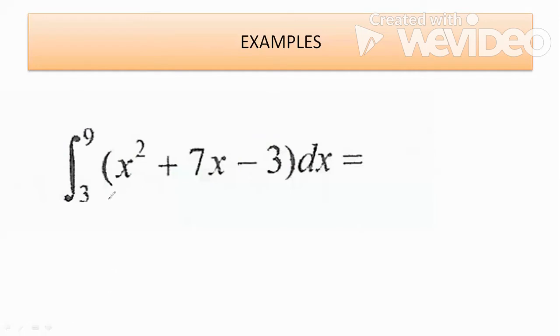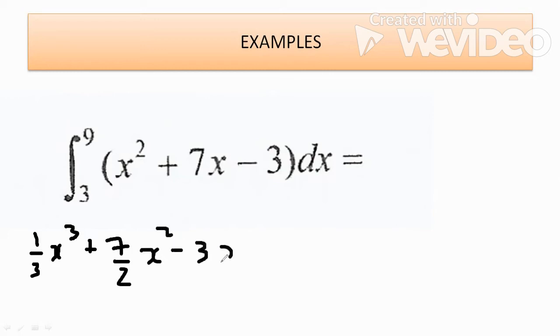So we're going to integrate this. That's going to be a third x cubed plus 7 over 2 x squared minus 3x plus c. All right. And then we're going to replace all those values there with what? 9.